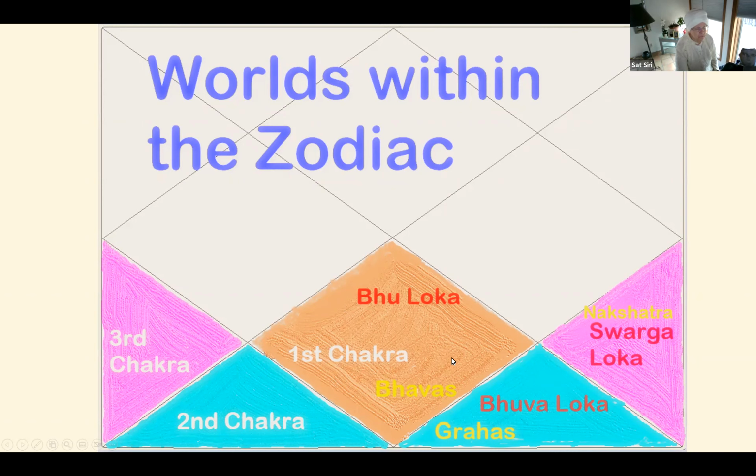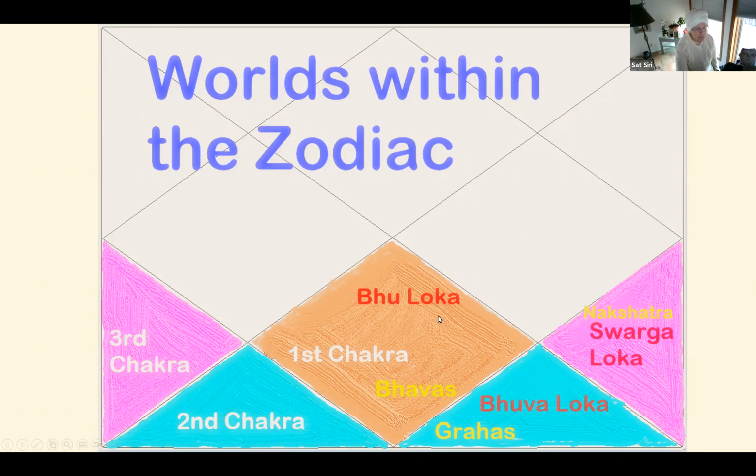The geometry of the bhavas is on the earth plane. Then we go to the second level, which corresponds to Bhuvaloka, the planets rotating through the solar system. This is where the grahas are, and they eclipse our mind and make us go through our karmas. And so in the horoscope, this corresponds to the 8th house and the 6th house, the second chakra.